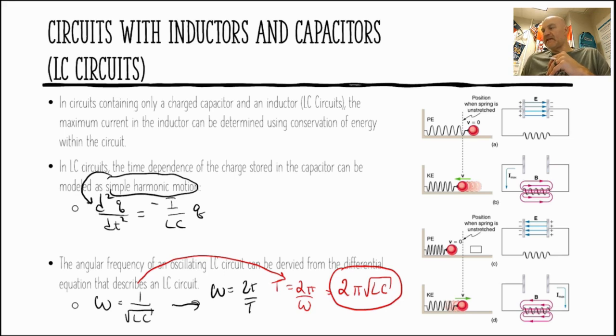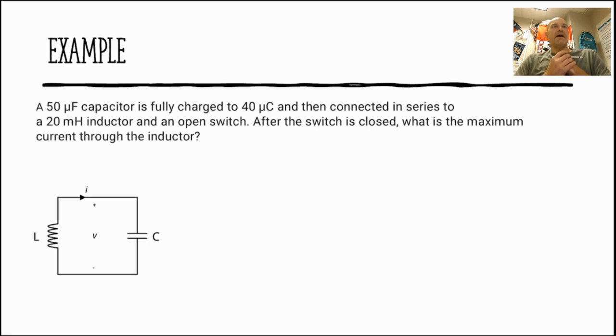So let's look at an example. We have a 50 microfarad capacitor fully charged to 40 microcoulombs and then connected in series to a 20 millihenry inductor and an open switch. After the switch is closed, what is the maximum current through the inductor?